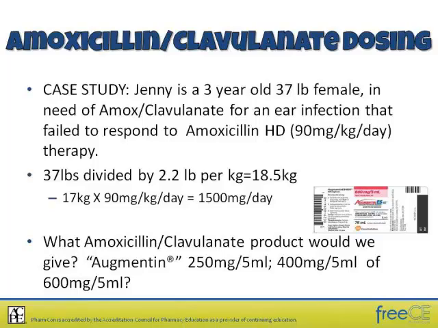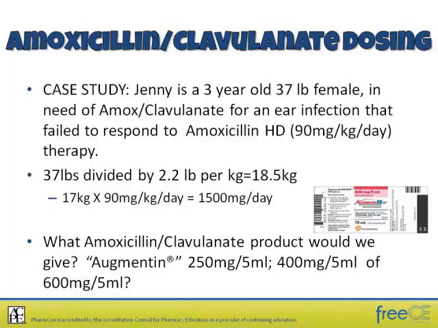So let's calculate her dose. 37 pounds divided by 2.2 pounds per kilogram will give us 18.5 kilograms. 17 kilograms times 90 milligrams per kilogram per day, just to approximate to make this easy, will give us 1,500 milligrams per day. What amoxicillin-clavulanate product would we give?